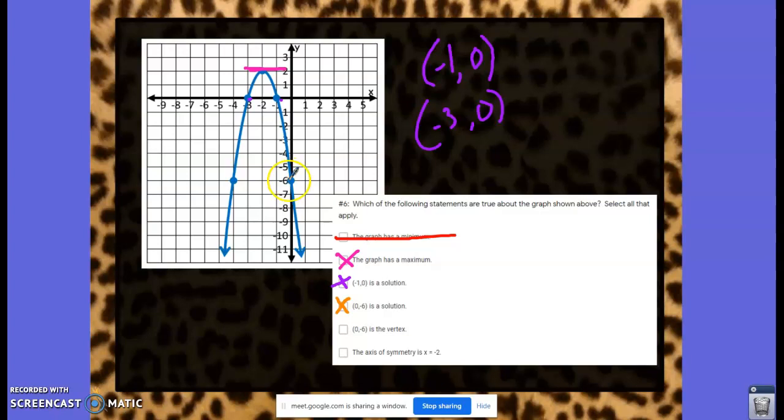Is 0, -6 the vertex? No, that's the y-intercept. The vertex is up here at -2, 2. So that is not a correct answer. The axis of symmetry is straight down this vertical line, which is at x equals -2. So that is a correct answer. So you would select all 4 of these boxes to be accurate.